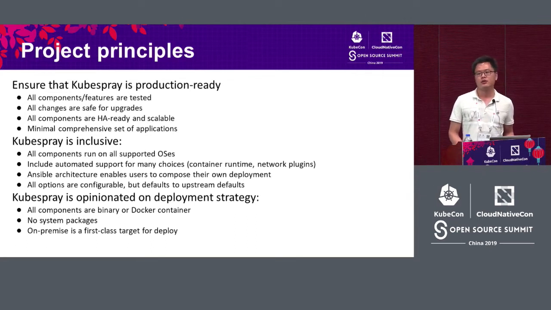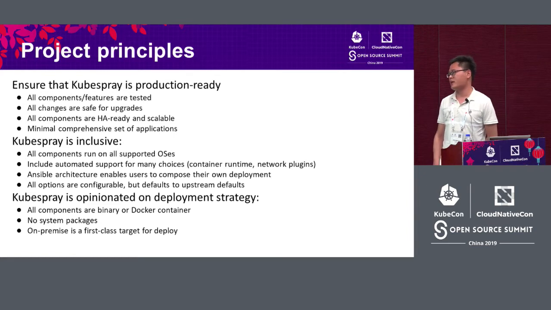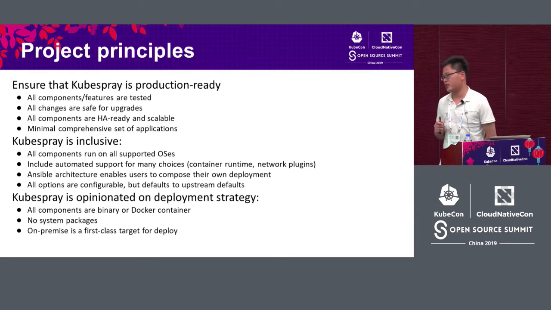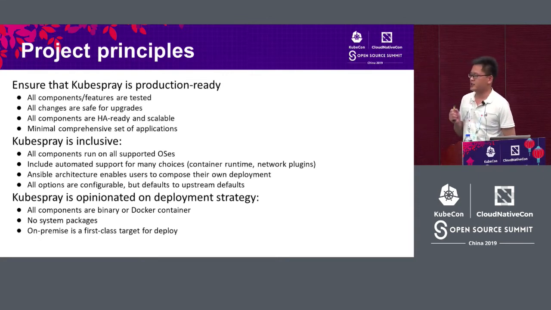And it is an architecture based on Ansible. You can customize your own development. All options are configurable, but defaults are Kubernetes upstream defaults. Kubespray has its own opinion on deployment strategy.